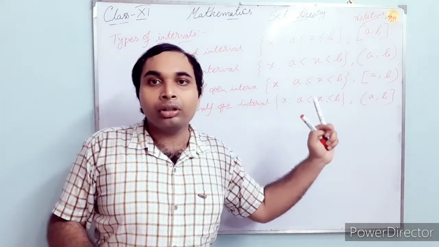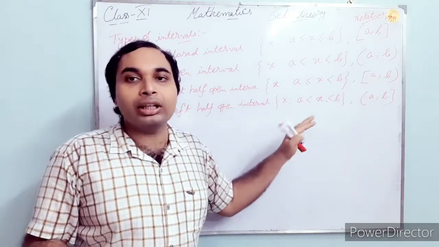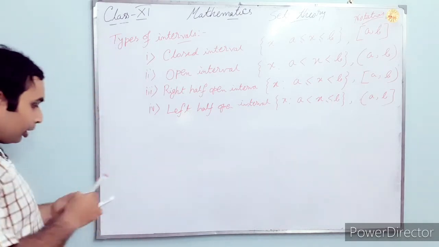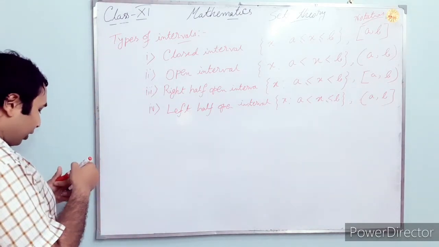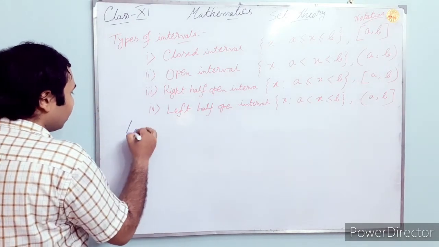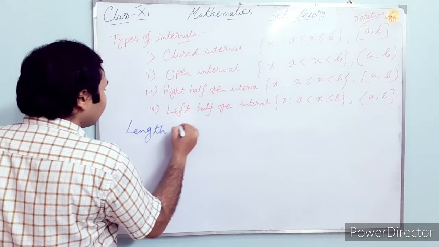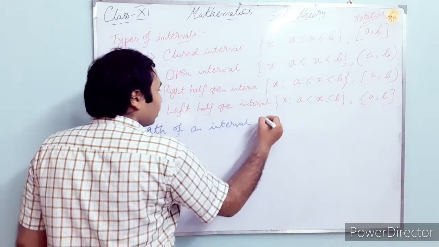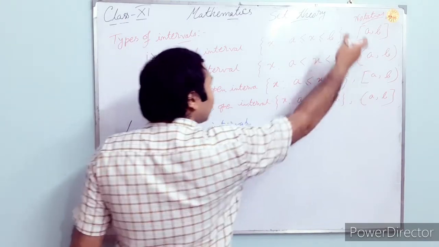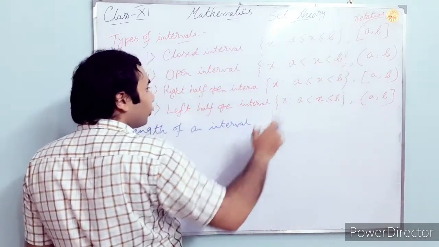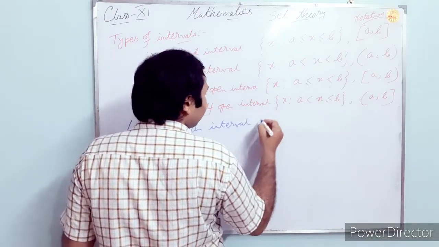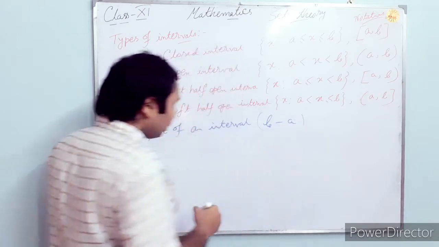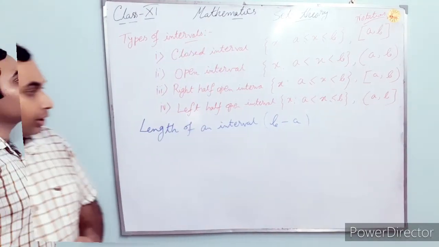Those are the four types of intervals we have learned here. And also the length of an interval. We can take any interval, any of those four, with endpoints a and b, and the length will be b minus a. This is the length of an interval.